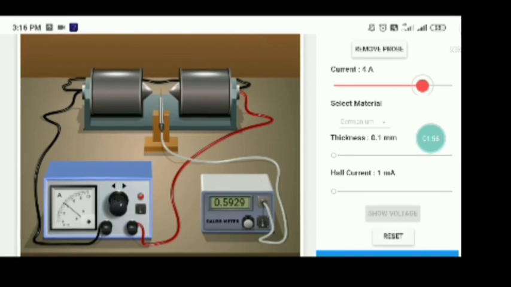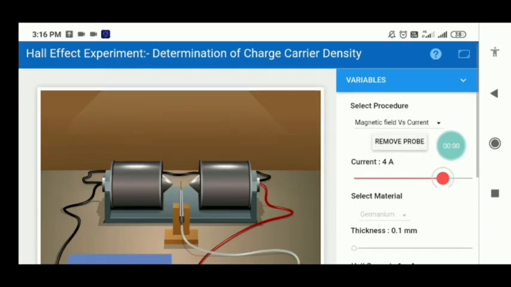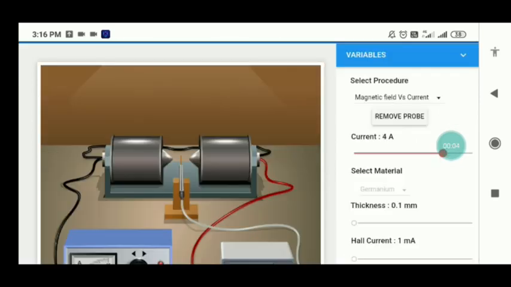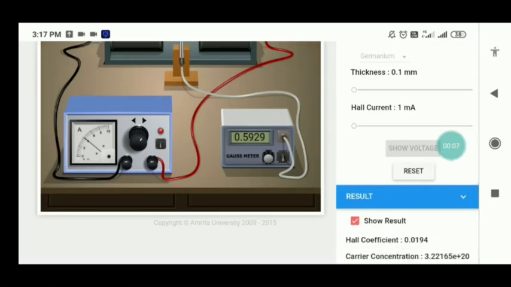So plot the graphs and calculate this. You can even check the result here. The Hall coefficient and the carrier concentration are shown below, but note that the units are different, so you might get a different answer. It's okay to be different because we are using Gaussian units, and the answer given here is in the SI system. Thank you.